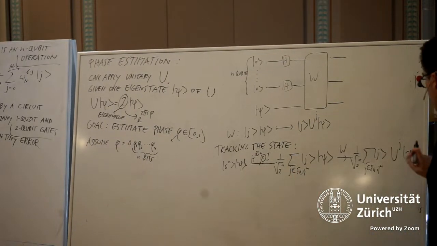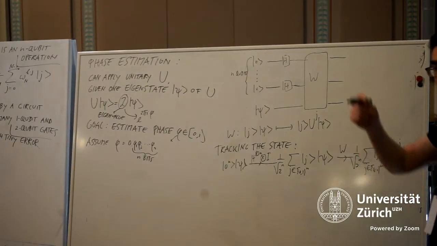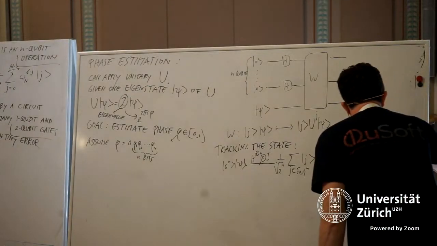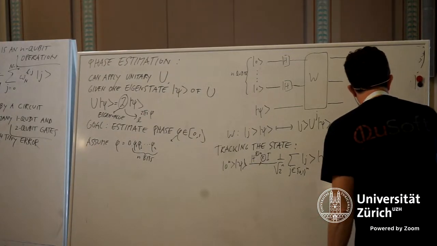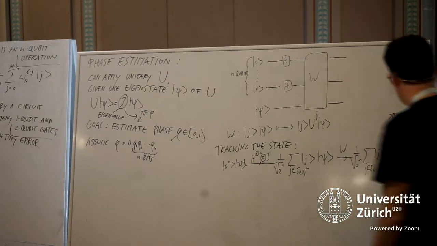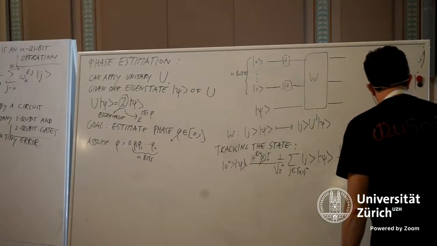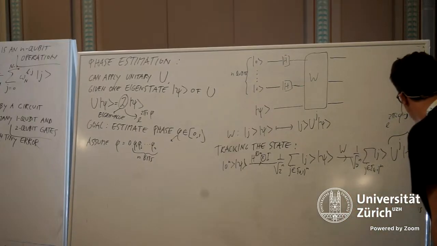And psi is an eigenstate, right? So we know what happens if you apply this unitary j times. You get the jth power of the eigenvalue. So this thing here is really e to the 2 pi i phi raised to the power j, which is the same as multiplying with j in the exponent, times psi.